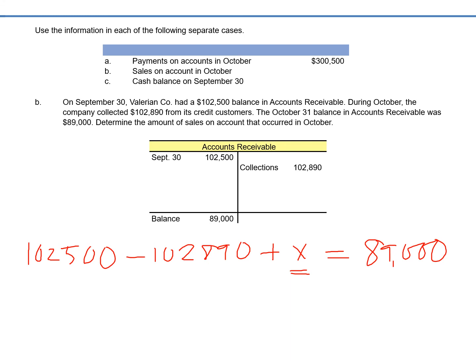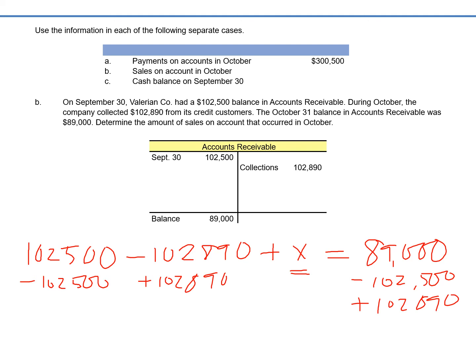So if you subtract the 102.5 from both sides, and if you add this 102,890 to both sides, then what you're left with is X is equal to 89,000 less 102.5 plus 102,890, right?